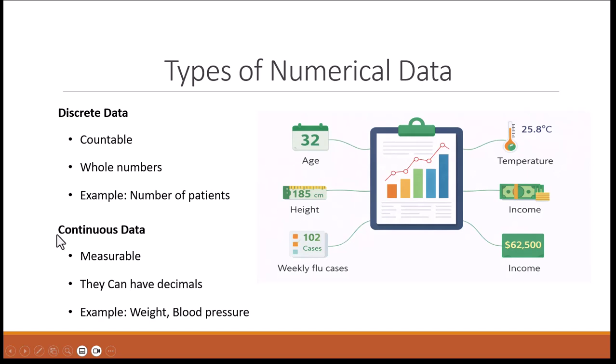But unlike discrete data, continuous data can have decimals, such as weight or blood pressure, or height of the students that can be 185.5 centimeters.